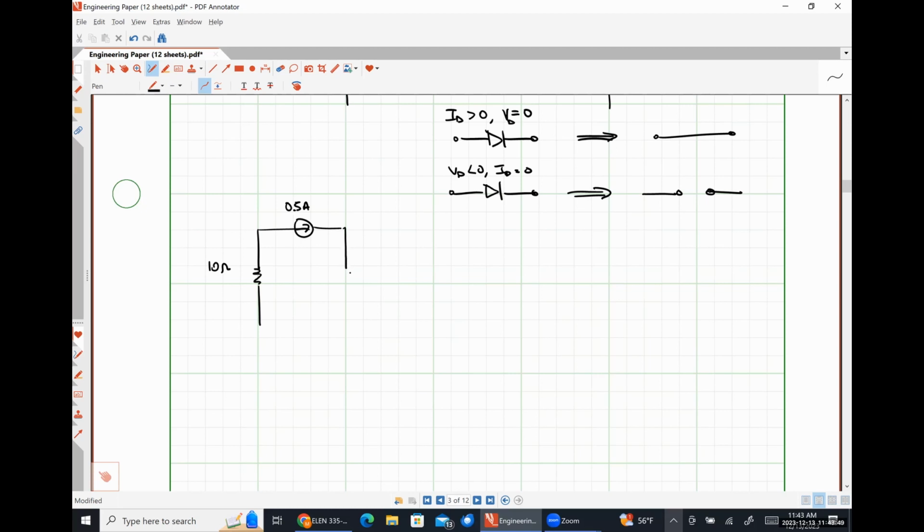So we are going to make an intentionally erroneous assumption that our diode is effectively off or reverse biased. We know that isn't true because we just found that there is a positive voltage drop across it and a positive current flowing through it when we use the exponential model, right? But we're assuming it to be off here just to illustrate how it can be used.